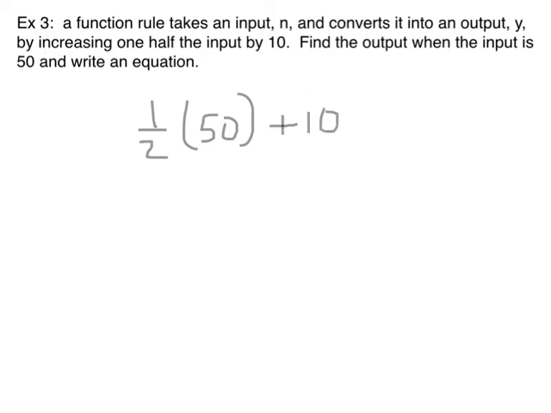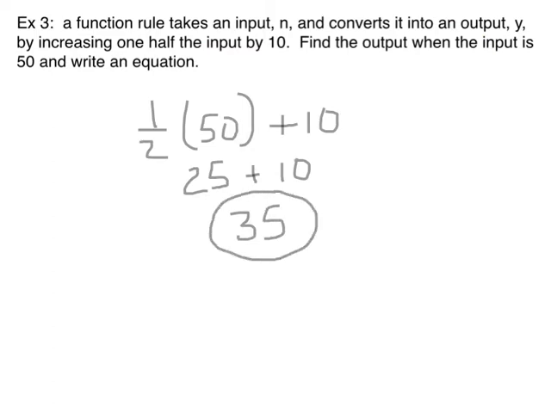Well, what is 1/2 of 50? All we're doing is the math here, nice and easy. That's 25 plus 10. So our answer to this one would turn out to be 35. So if my input is 50, there's my output, a 35.